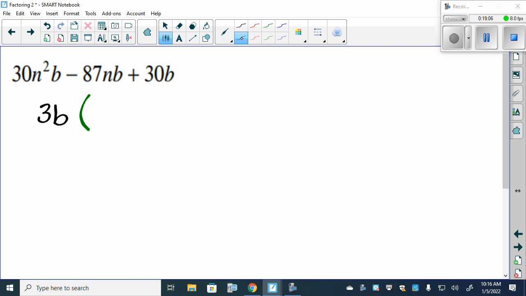So we can divide each one of these by 3b. Well, 30 divided by 3 would be 10n squared, because we didn't do anything with n, and b divided by b would be 1. Really, we're just going to pull b out of every single one. Minus 87 divided by 3 would be 29n, plus 10.